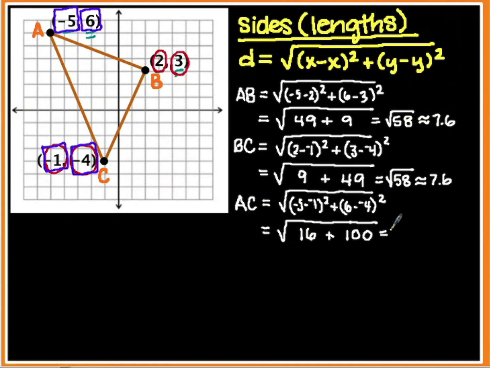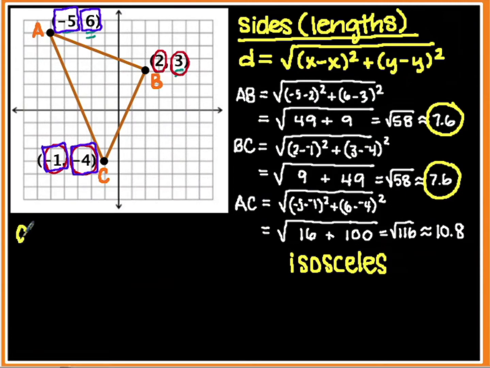The square root of 116 is about 10.8. So we are now ready to classify this triangle by its side lengths. We have two congruent sides. What do you call a triangle with two congruent sides? Isosceles.